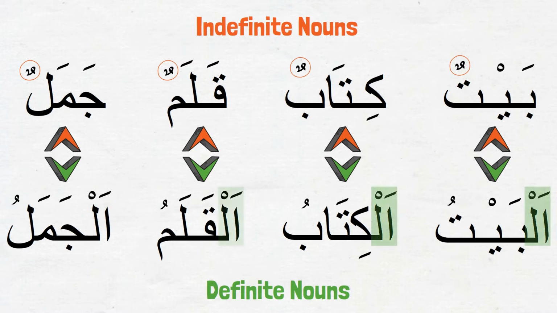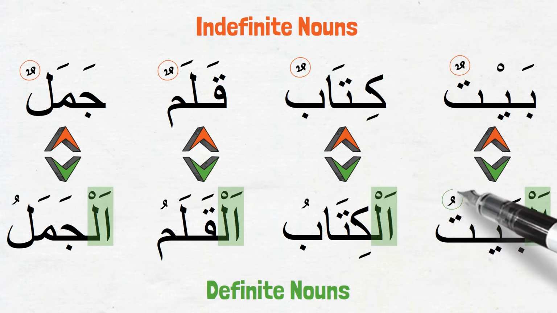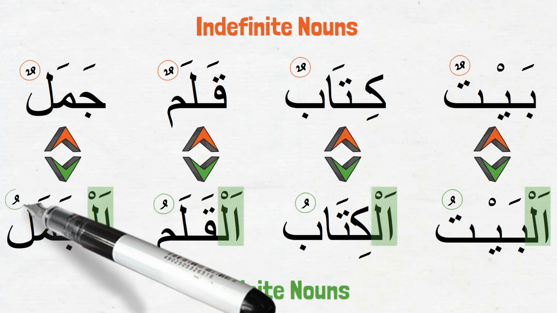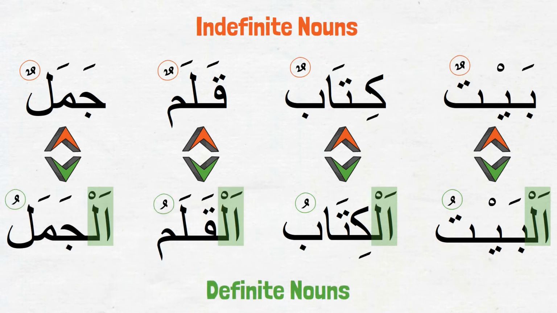First, we see al is added in the beginning. Second, the tanween un ending is replaced by u ending. So the letter nun is dropped from the end of the word. So baytun became al-baytu. Kitabun became al-kitabu, and so forth.